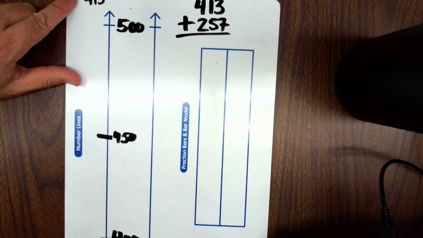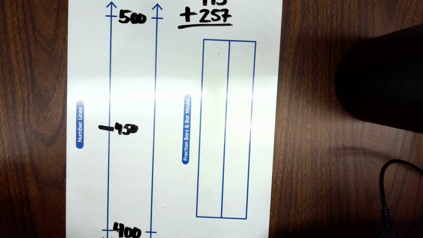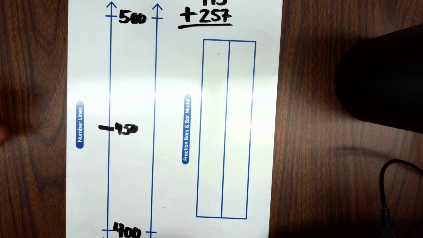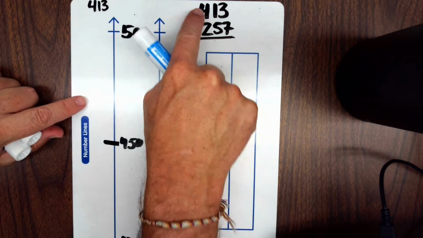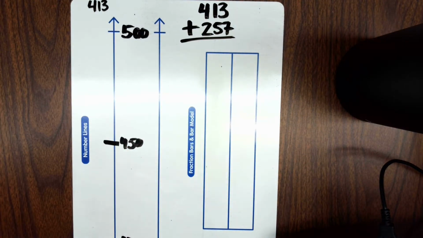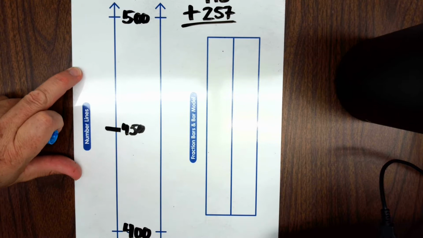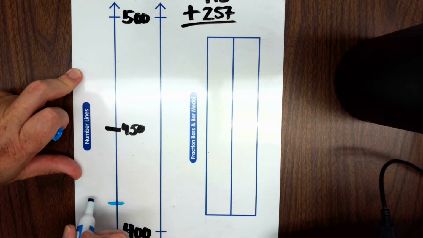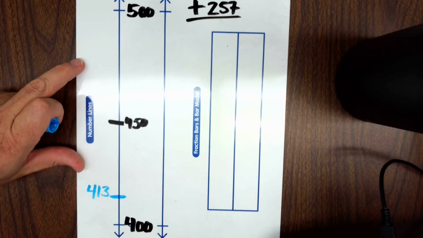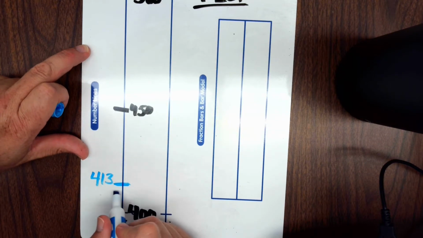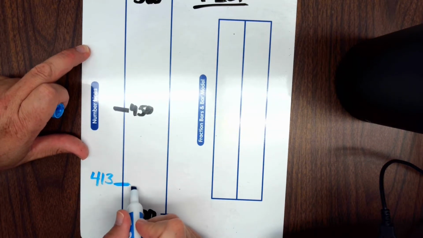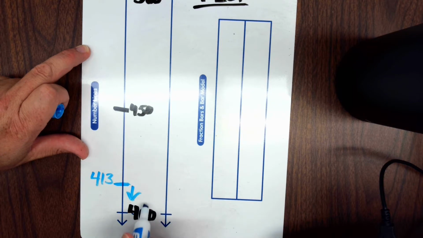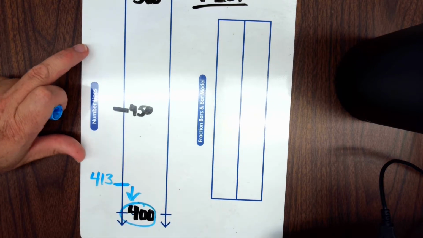Next, I'm going to plot 413, which is the number of my first addend, or the top number. And 413 is a bit closer to 400. So it's going to be about right here. I'm going to write 413. And because I see that it's closer to the number 400, I know that I'm going to round down to 400, and 400 will be my first number.